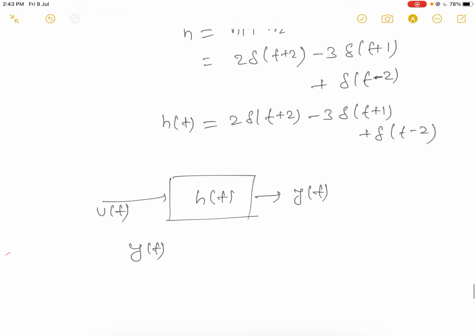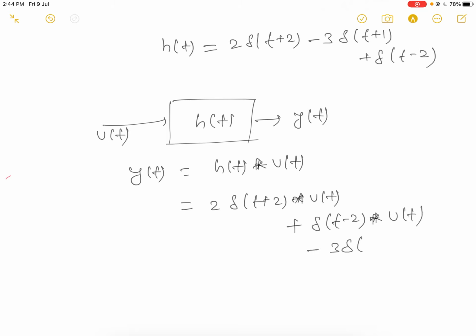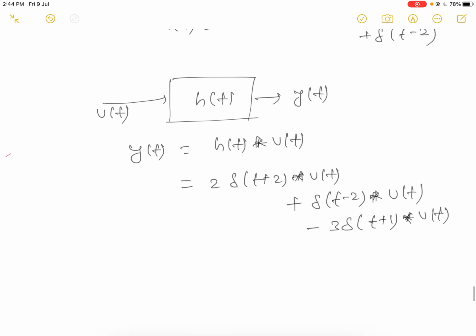Then y(t) will be h(t) convolution u(t): 2δ(t+2) convolved with u(t), minus 3δ(t+1) convolved with u(t), plus δ(t−2) convolved with u(t).